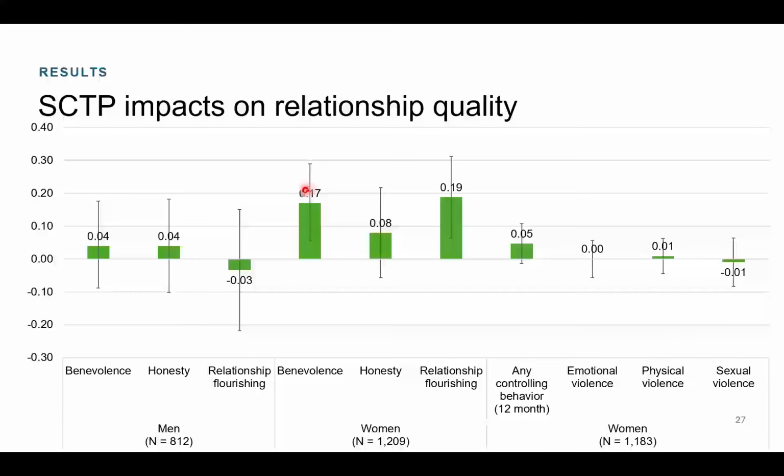On the benevolence subcomponent and on relationship flourishing, we do see some positive impacts. Audrey has looked at whether there are differences in partner type and so on. We haven't found much on whether you are selecting different partners with different characteristics, and this is the reason.